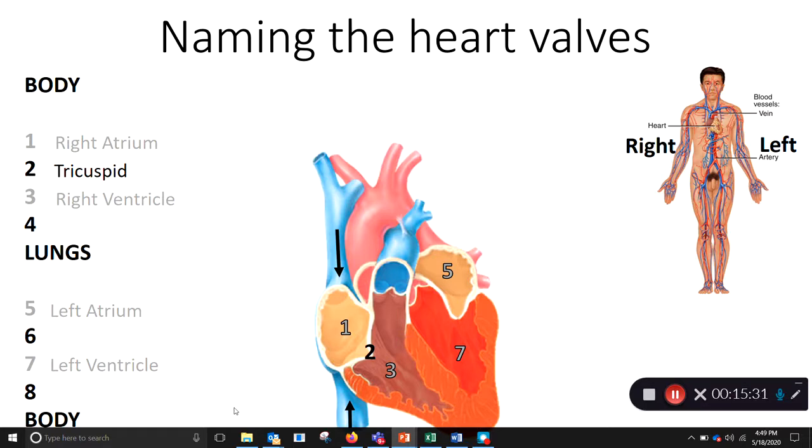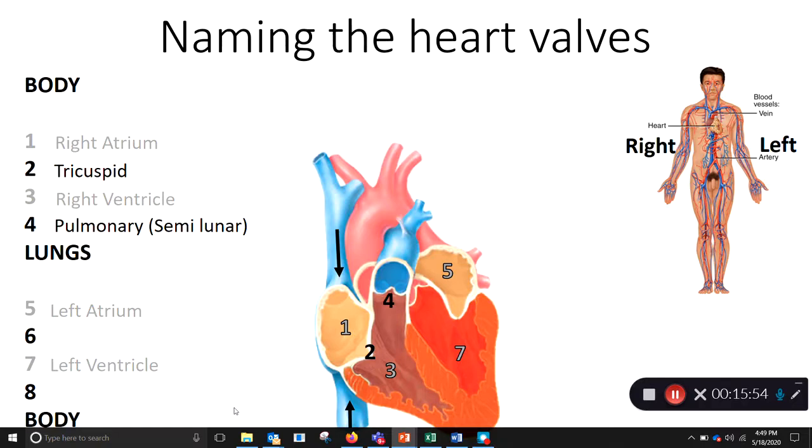The right ventricle contracts, forcing the tricuspid valve to shut, and then opening up the semilunar valve. The semilunar valve's appropriate name is the pulmonary semilunar valve, because you're shooting blood up into the lungs from the right ventricle.